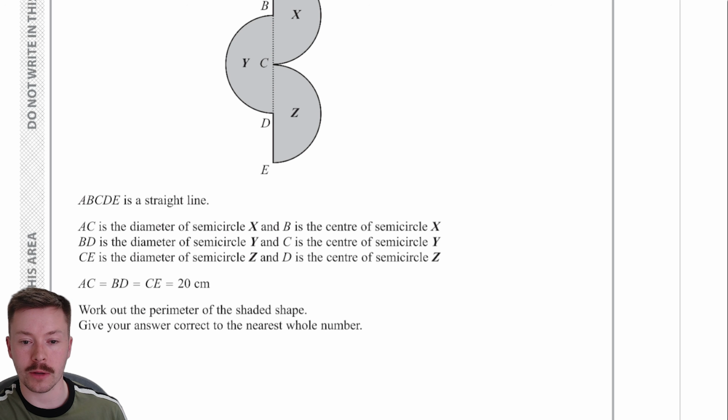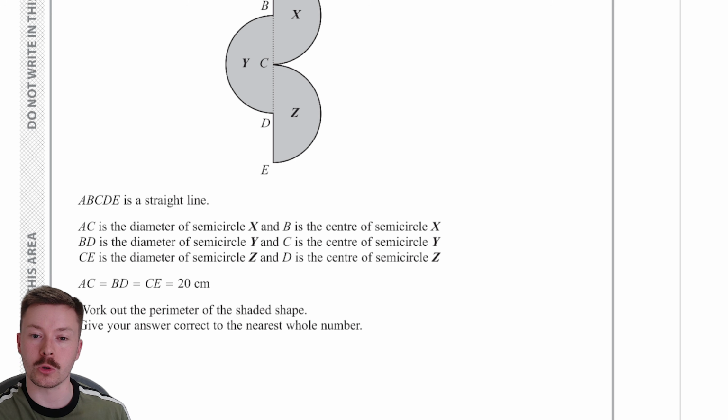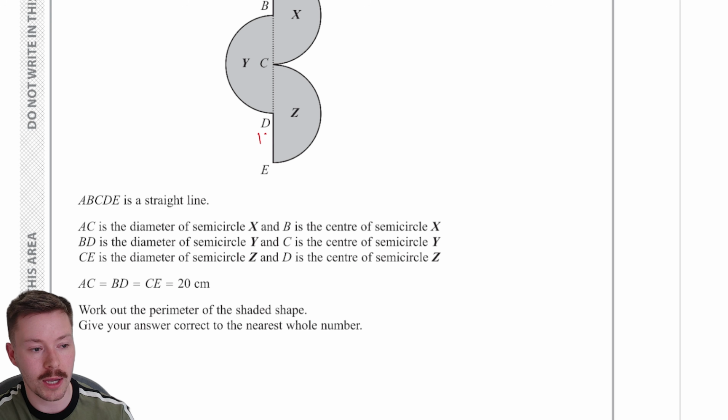Then, if I scroll down slightly more, AC is equal to BD, which is equal to CE, which is equal to 20. So the diameter of each of these semicircles is 20. Work out the perimeter of the shaded area. If we know that C to E is the diameter and that is 20, then D to E has to be 10.